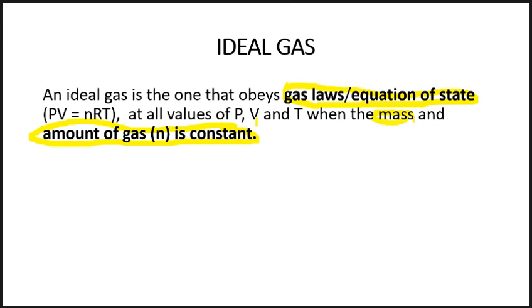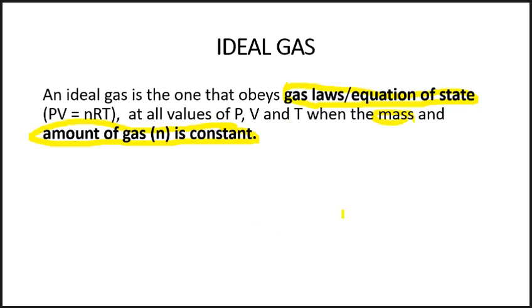In other words, what I'm saying is that the mass is constant, the amount of gas is constant, at all values of P, V and T. That is what qualifies the gas to be an ideal gas.